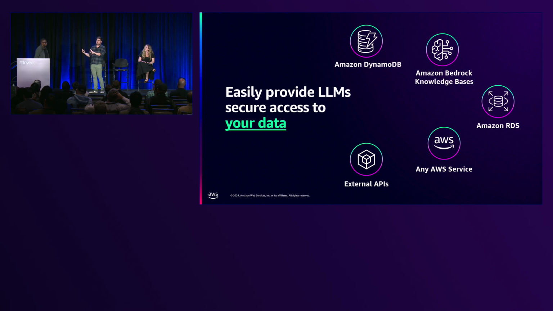But what really makes it different and interesting is actually giving it access to your data. And we do that with the Amplify Gen 2 backend data construct. So we make it really easy to give an LLM access to your data that you define, whether that's within Amplify or any external data source, any AWS service. We make it super easy to give the LLM access to your data, or just data in general.